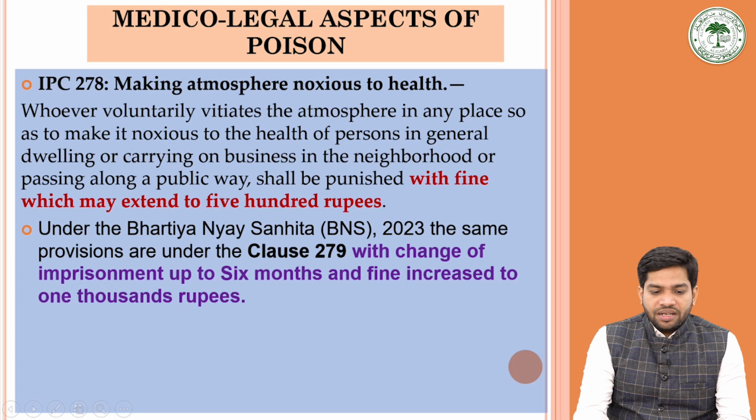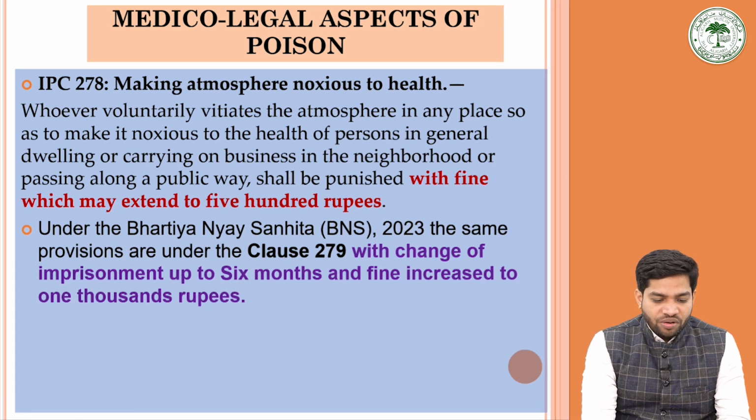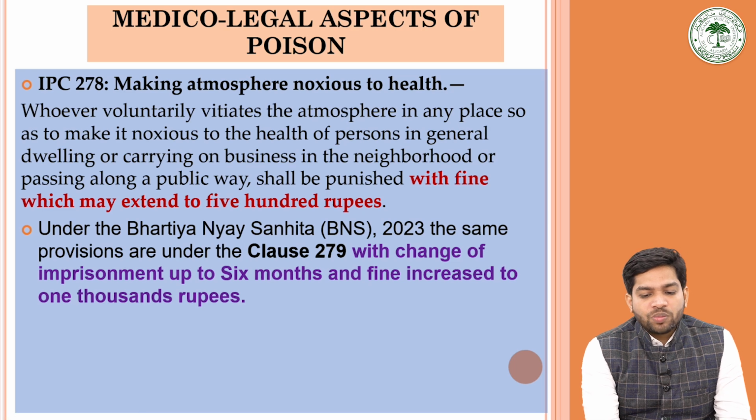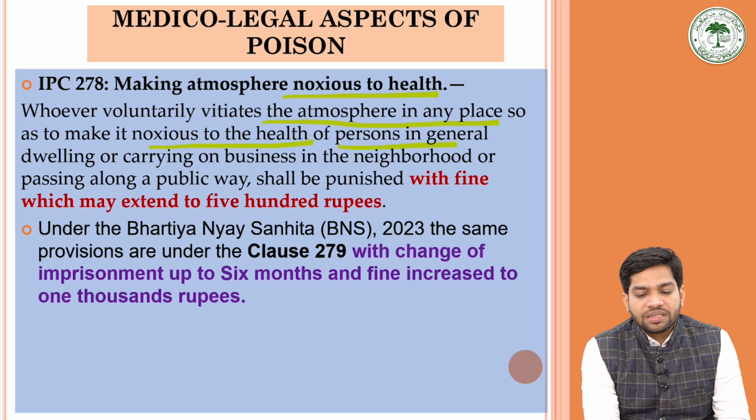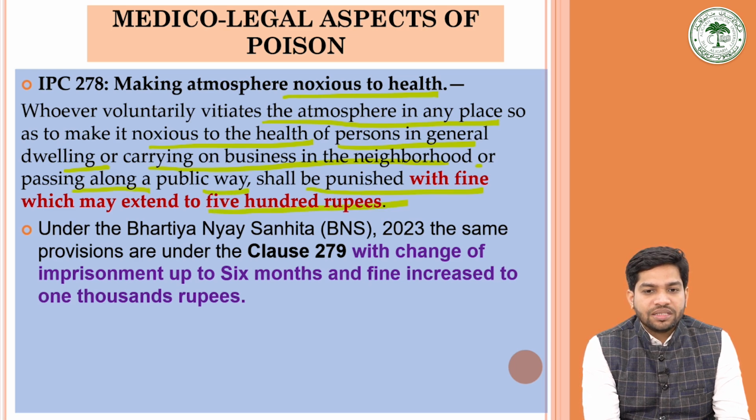After this, section 278 of the IPC says making atmosphere noxious to health. Whoever voluntarily vitiates the atmosphere in any place so as to make it noxious to the health of persons in general dwelling or carrying on business in the neighborhood or passing along a public way shall be punished with a fine which may extend to 500 rupees.